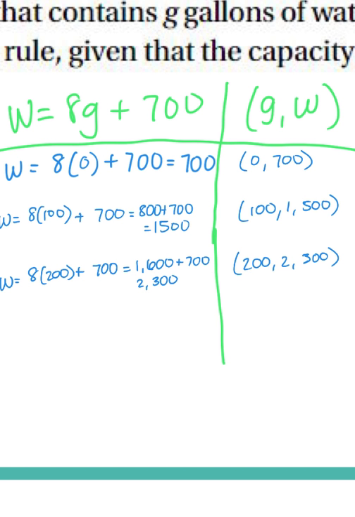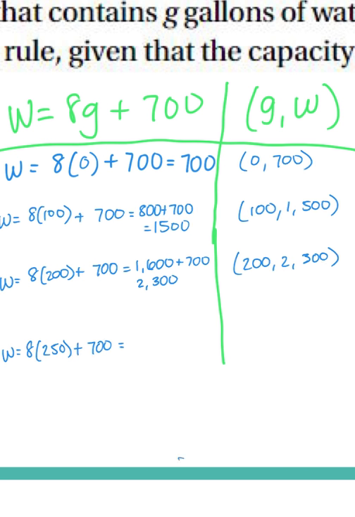Remember, your G is always the first part of your coordinate, and then your W will be the second part, just like X and Y were, okay? So now we've got W equals 8 times, instead of 200, it's 250 now, plus 700. 8 times 250 is 2,000.